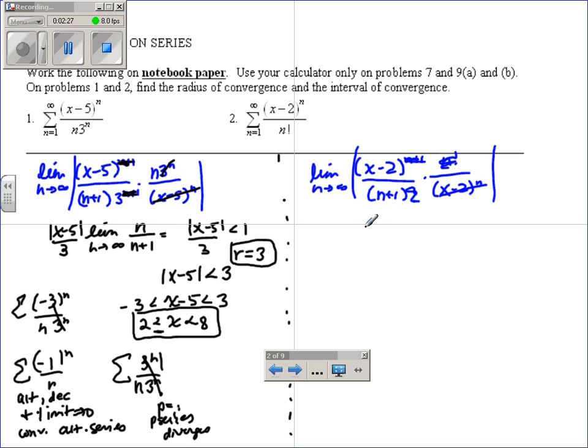In this case, if we pull out the x minus 2 and take the limit as n goes to infinity of 1 over n plus 1, we end up getting 0. And 0 is always less than 1. So this is always a true statement. This means that it converges for all x, so the radius is infinity.